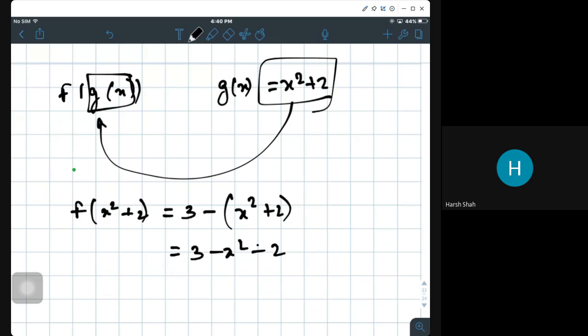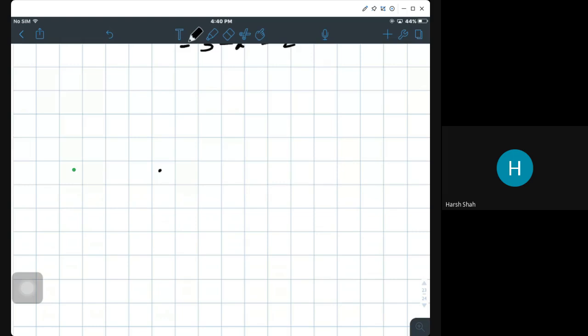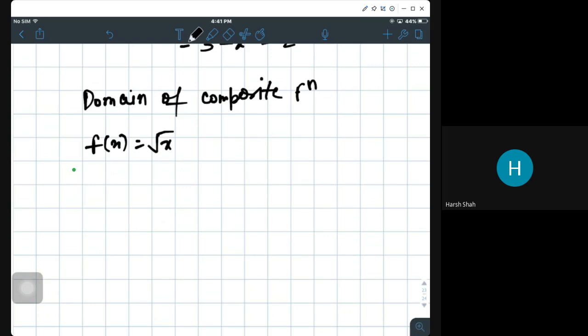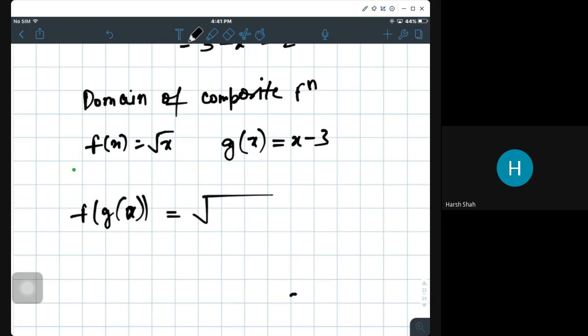Not that important. But the question that comes from composite is domain and range. Domain of a composite function. Let's say I have f(x) as root x, g(x) as x minus 3. I find f of g of x. What is f of g of x? Root of x minus 3.